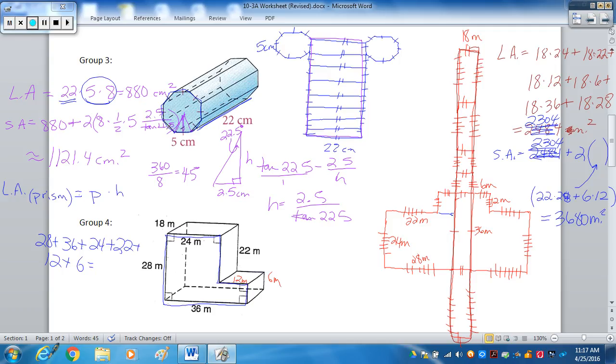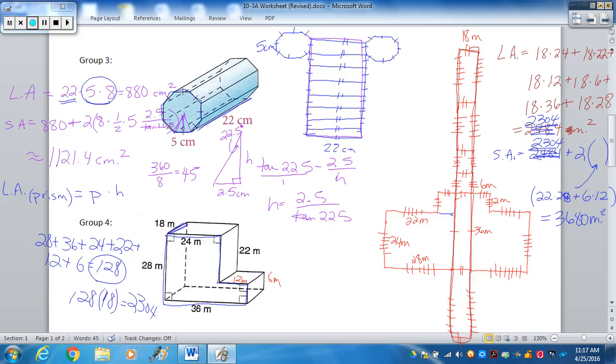Okay, 128 is the perimeter of that base. Now, if we take the perimeter of that base and multiply it by the distance between the two bases, which would be 18, 128 times 18 should give us that 2,304. So let's see here, 128 times 18, 2,304. Okay, so that's an easy way to figure out your lateral area.